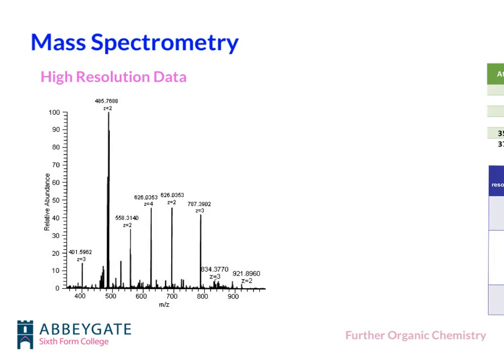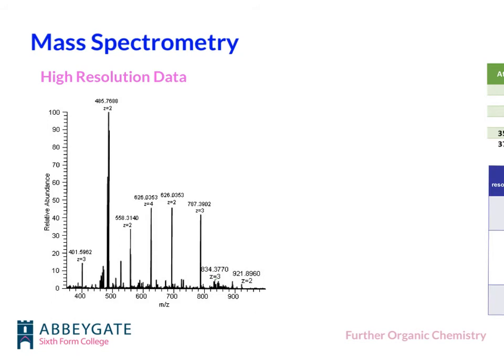This spectrum I've got here is for a particularly large molecule. You can see it's got a molecular mass of 921.8960, which is absolutely huge. We're talking like a small protein molecule or something here.